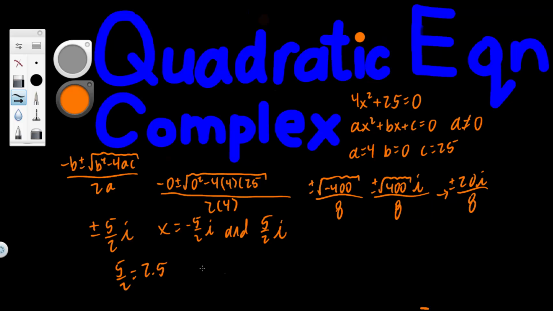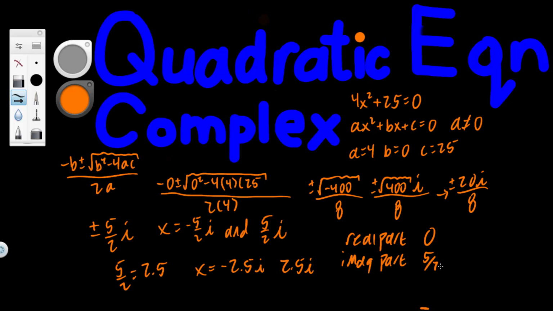So this is basically equivalent to saying x equals negative 2.5i and 2.5i. In this case, the real part is 0, and the imaginary part is 5 halves.